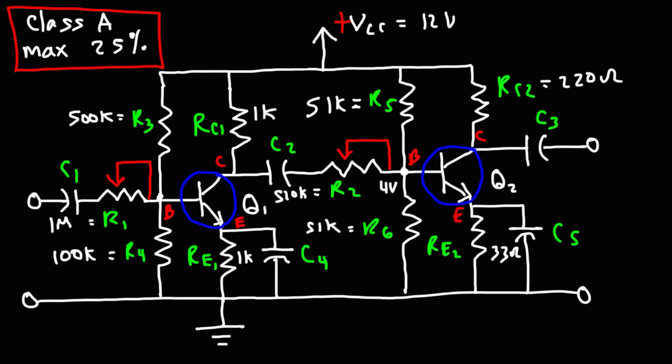But now, when you want to increase the power of a signal, efficiency becomes more important. And so to improve the efficiency of the second stage, instead of using a Class A amplifier, we could use a Class A transformer coupled amplifier. So what I'm going to do is I'm going to replace RC2 with a transformer.